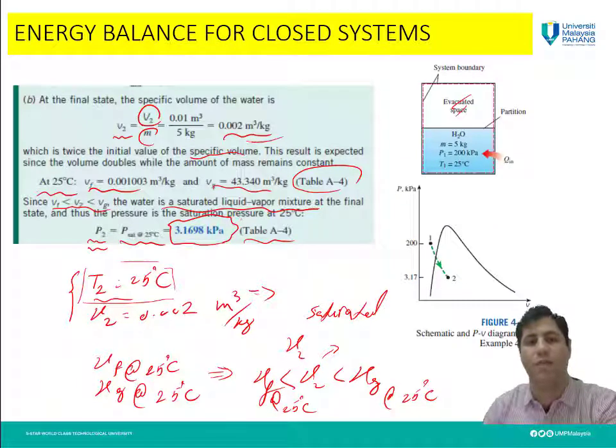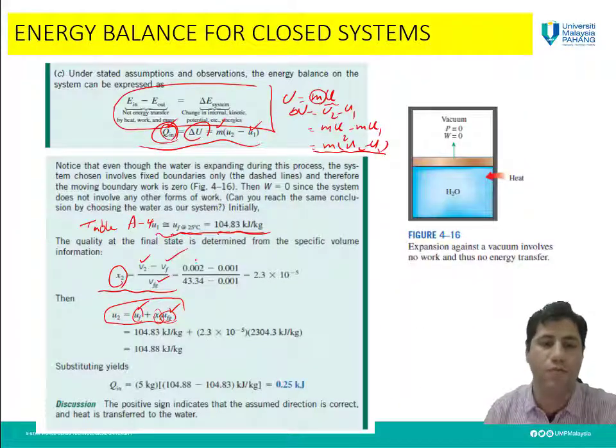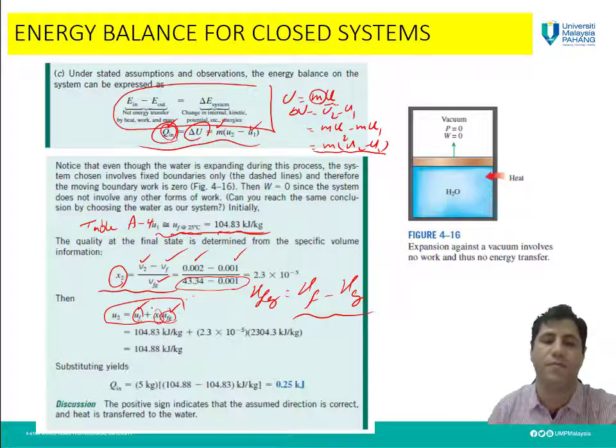So we have V2, we have Vf from the table, and Vfg. Simply we can find Vfg like this, Vg minus Vf. Then x2 will be this much.